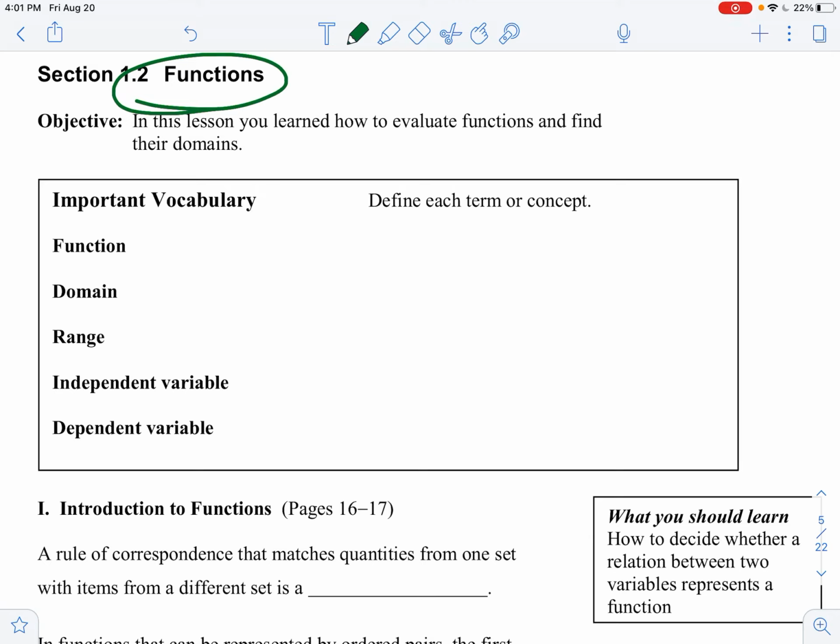So in section 2, we're talking about what is a function, and it's usually denoted by a little curvy f.